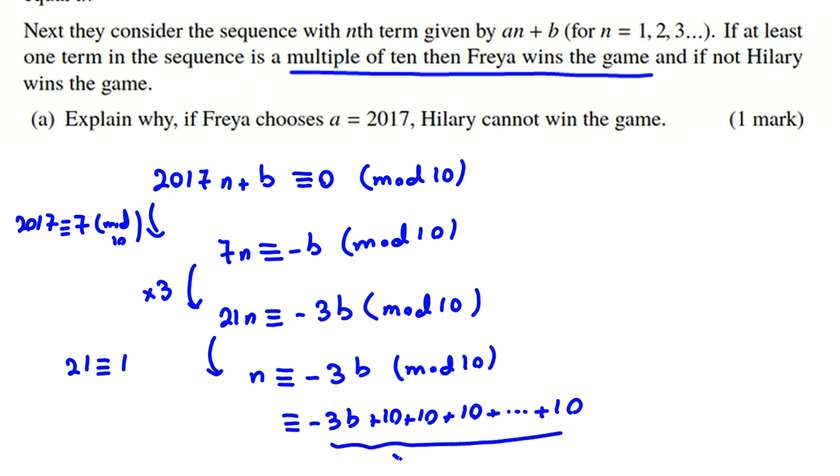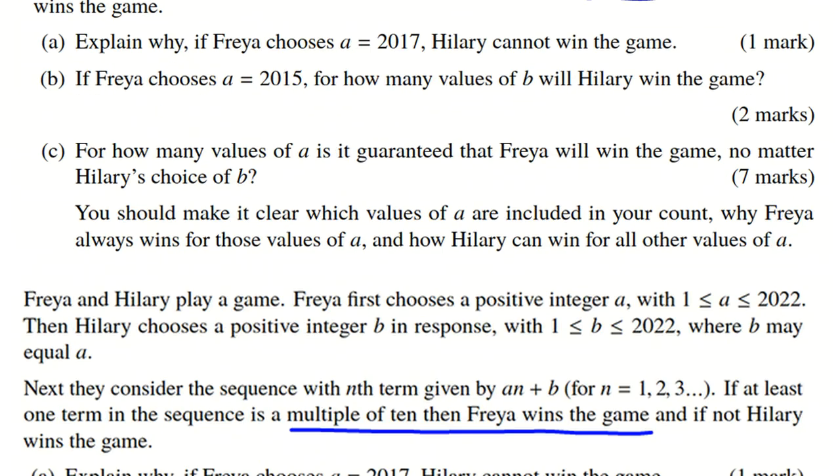When it is positive, consider this one as, for example, k, mod 10. So if n equals k, which is positive, then the term in our sequence will be a multiple of 10, and Freya wins the game. So we proved part A.